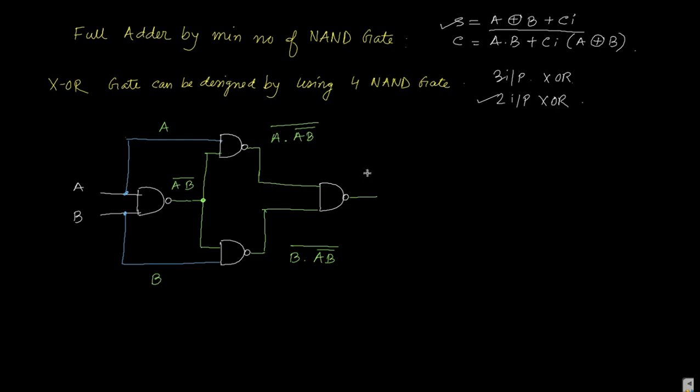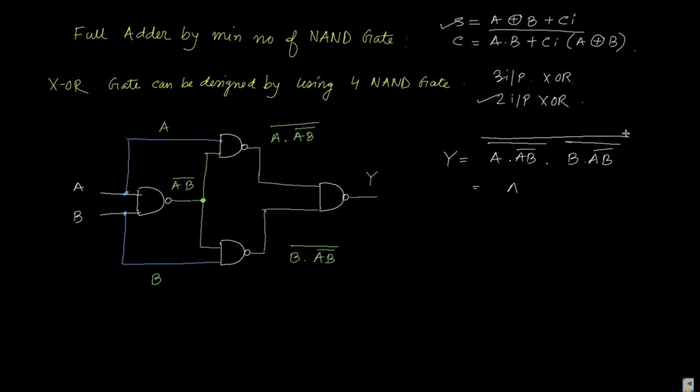Now this is your Y. So we can solve the output. The output Y is equal to A dot AB bar whole bar, into B dot AB bar whole bar. So it becomes A dot A bar whole bar, and so on.